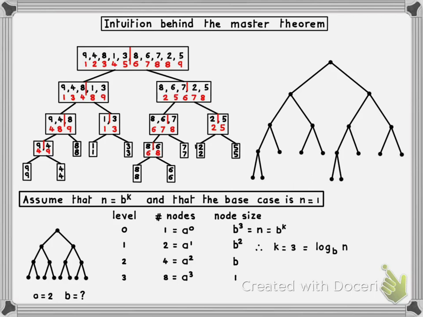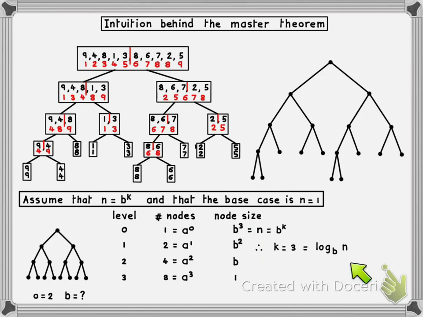And so the interesting thing here is, notice how the number of levels below the root node, so not counting this level, is 1, 2, 3. It's not a coincidence that this number 3 is equal to the value of k, in other words, the log base B of n. Because starting from B power k, how many times does it take until you reach 1 if every time you divide by B?